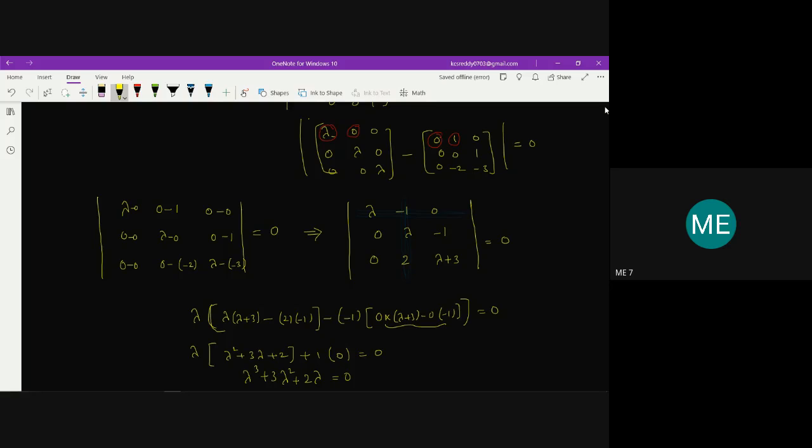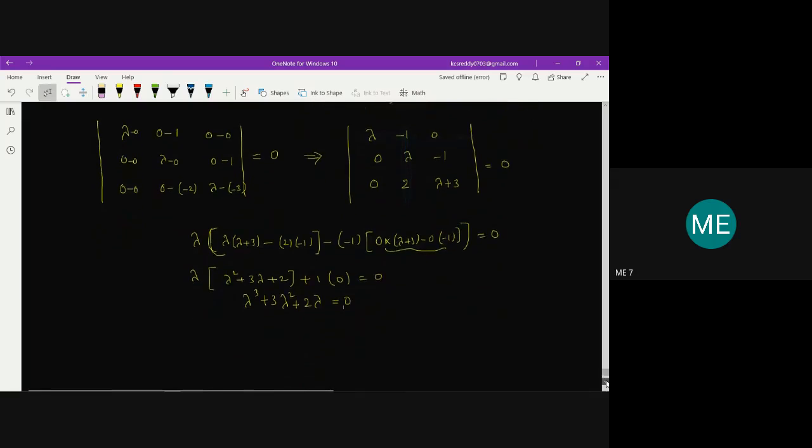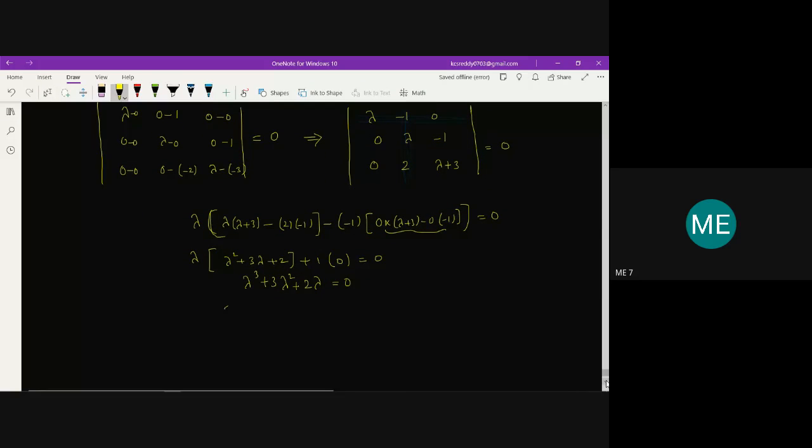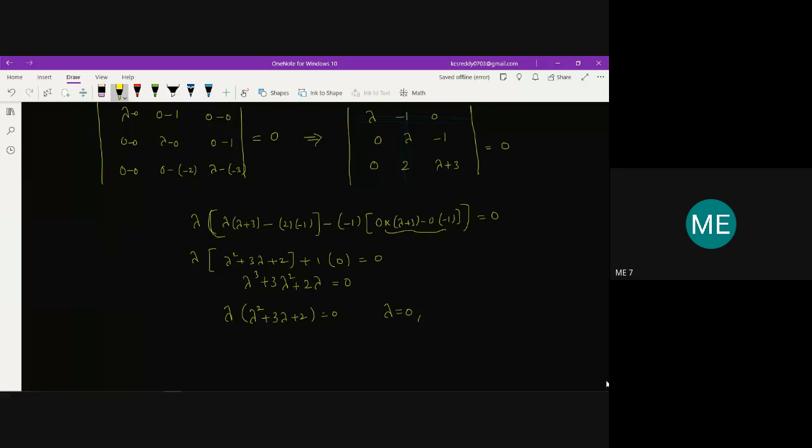From this we can take out the lambda. So lambda into lambda square plus 3 lambda plus 2 equal to 0. So that is lambda equal to 0. Then factorizing lambda square plus 3 lambda plus 2, the product should be 2 and the sum 3.